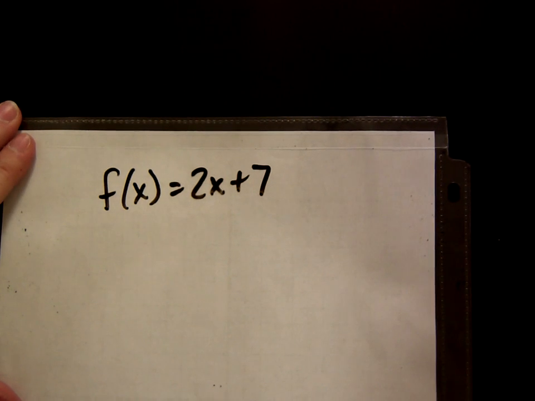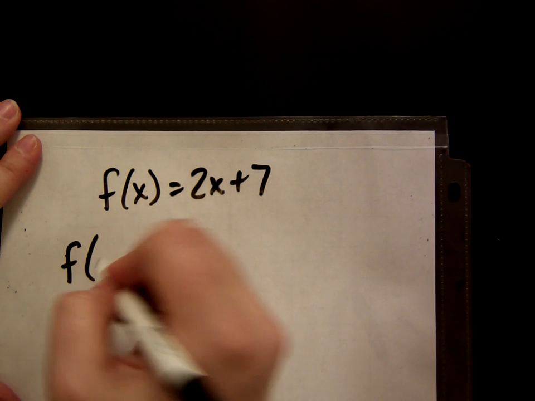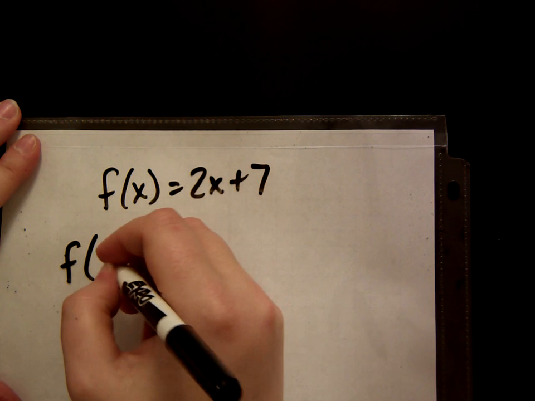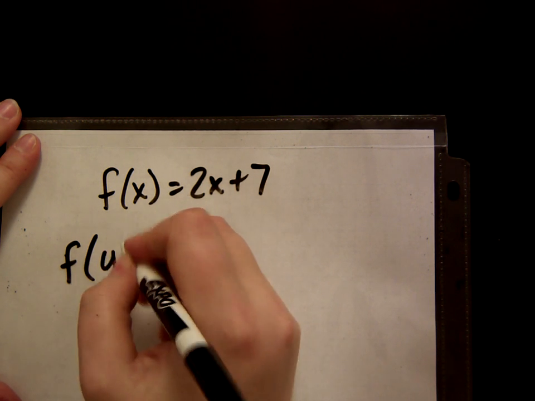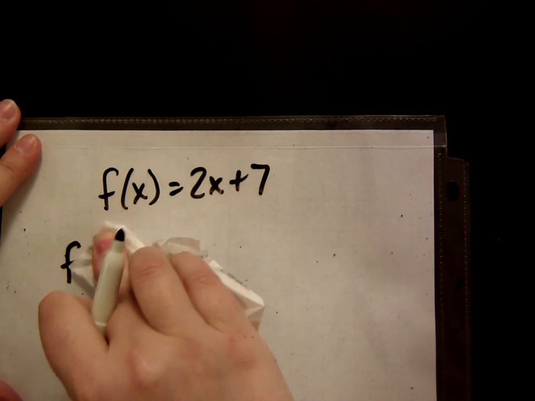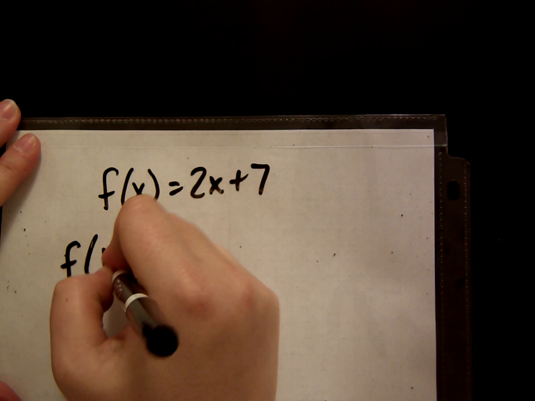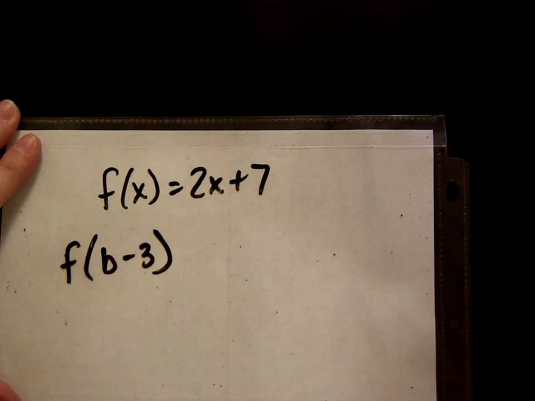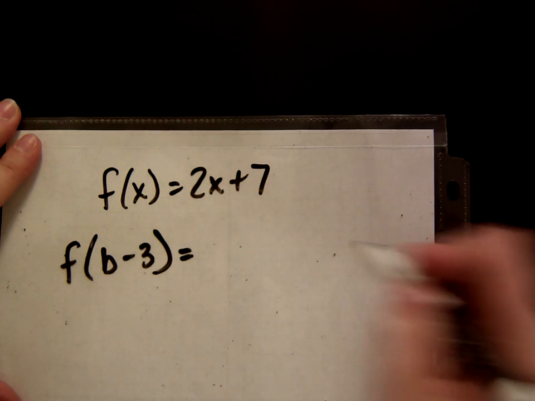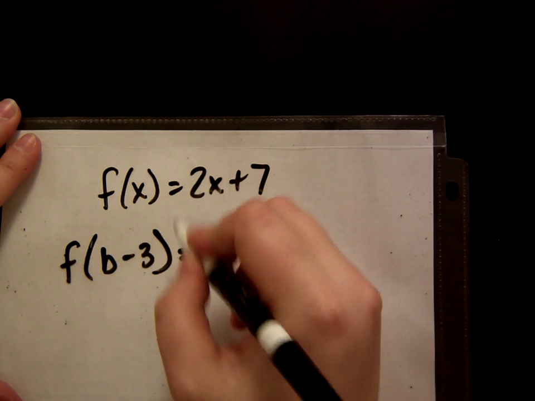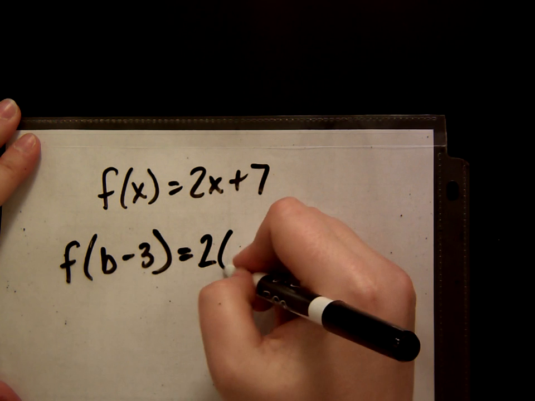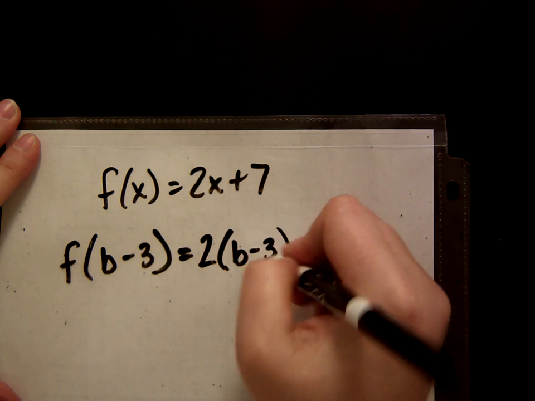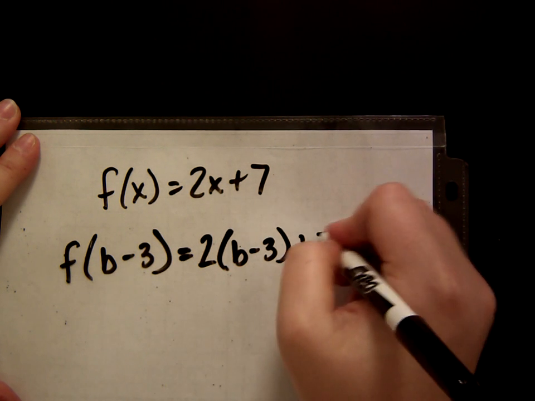But what if I wanted to find f of, well, let's not use y. F of b minus 3. It's the same process. I would replace the x with the b minus 3, b minus 3 instead of the x plus 7.